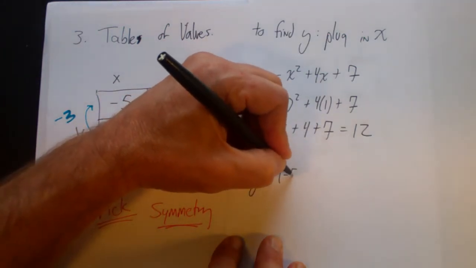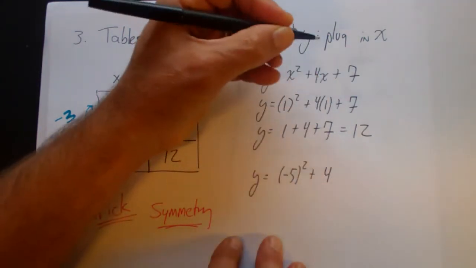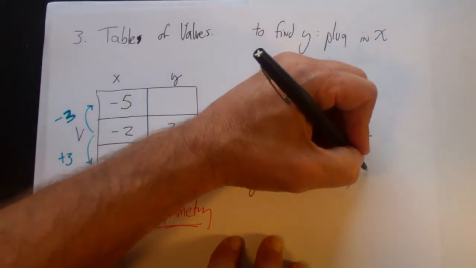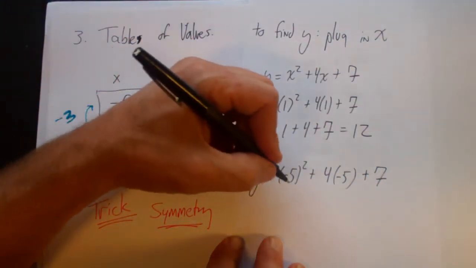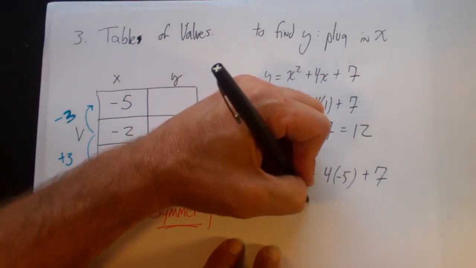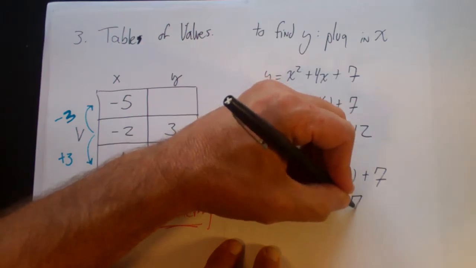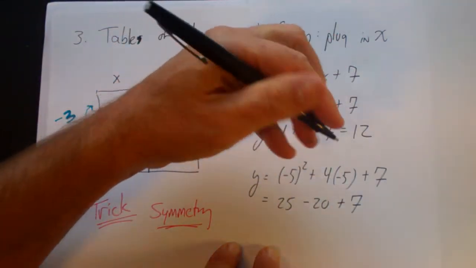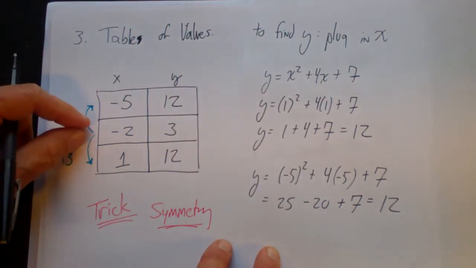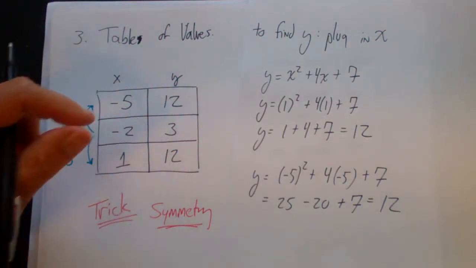So that's going to be minus 5 squared plus 4 times minus 5 plus 7. Minus 5 squared is 25. 4 times minus 5 is minus 20, plus 7. If I add these up, I get 12 as well. In fact, that's because of the symmetry of the problem. That's why we do it as a way to check our work.